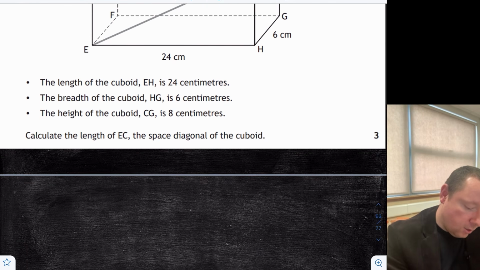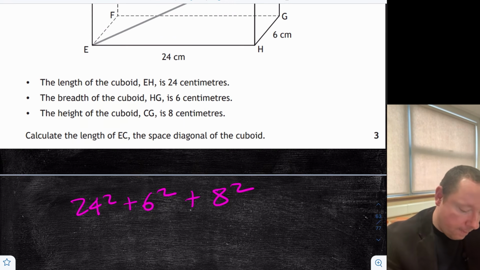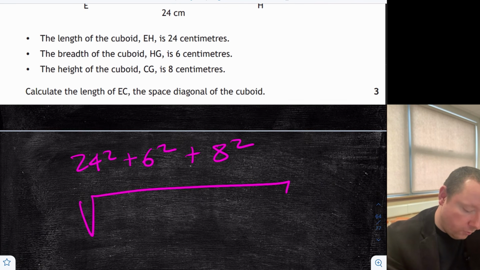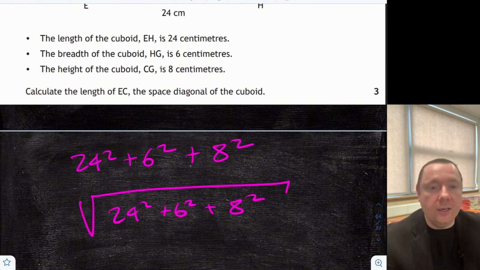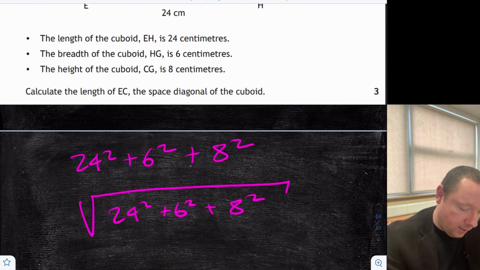So I can write 24 squared plus 6 squared plus 8 squared all in one go. And then it's the square root of all of that. So we can do the square root all in one go, just put brackets around the sum, and you will get 26 centimetres.